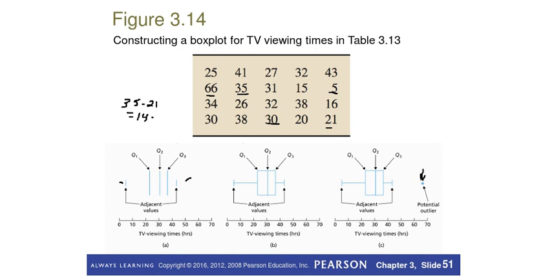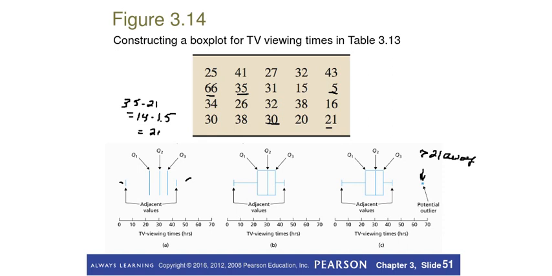And we multiply that by 1.5, we get a value of 14 plus 7, 21, right? So if we're more than 21 outside of that, we're at an outlier. Of course, 66, right? That's greater than 21 away. So that's how we know we get outliers.